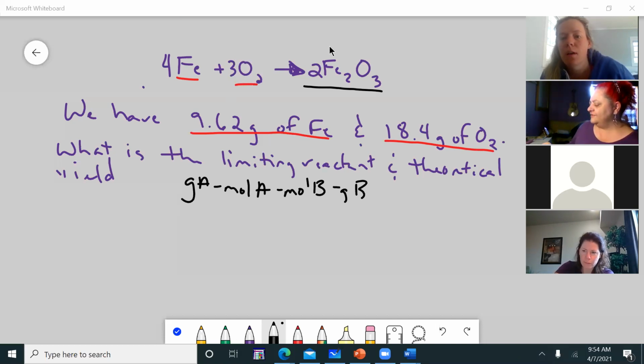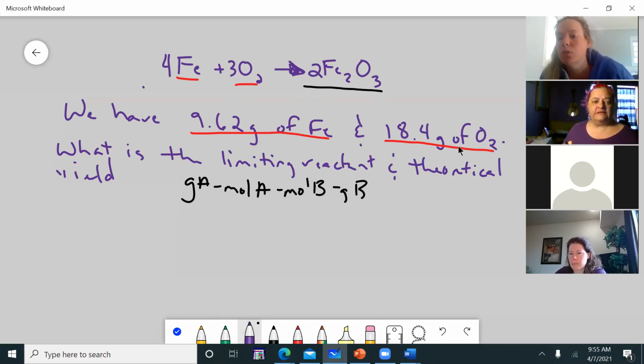We can sort of start chipping away a little bit together, and then maybe I'll take a break so you can kind of finish it up. But let's start with the O2, okay? So we have 18.4 grams of O2. And the first step is to convert it into moles, right? You just use the molar mass?